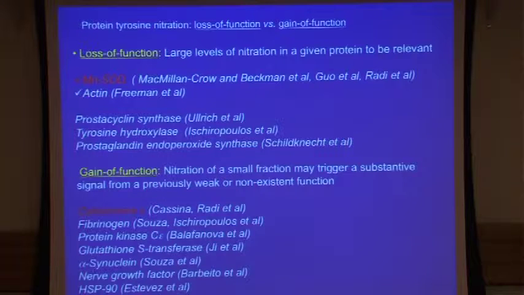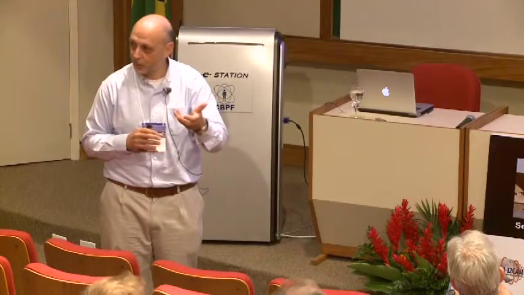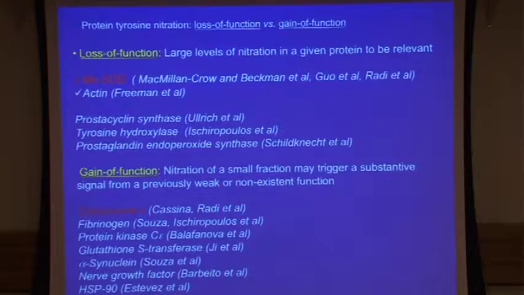The other possibility is the gain of function, meaning nitration or oxidation, even of a small amount of that population of protein, triggers something new, which can be toxic. This is what's called the gain of toxic function, which is now believed to be very important in some of the proteins. Some of these proteins become oxidized and they become very aggressive in terms of cellular metabolism. One of them, for example, is the nerve growth factor.